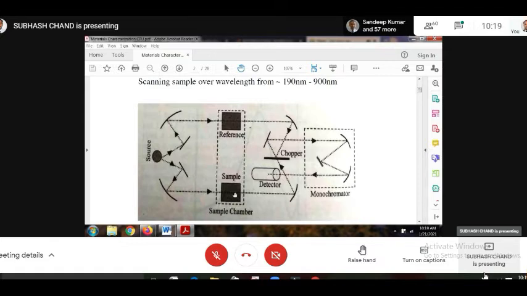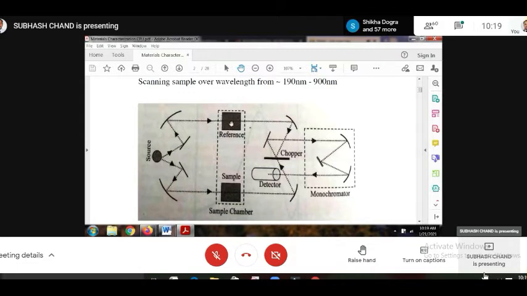So to avoid that, or to cancel out that absorption due to substrate or container or anything else, we take two beams.